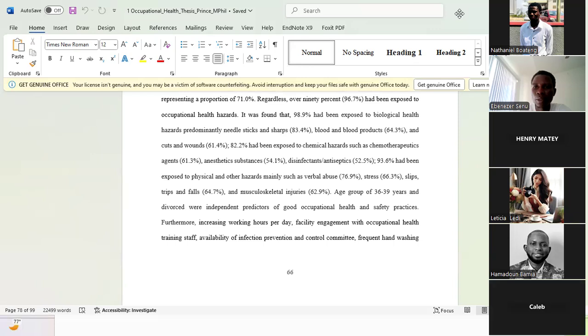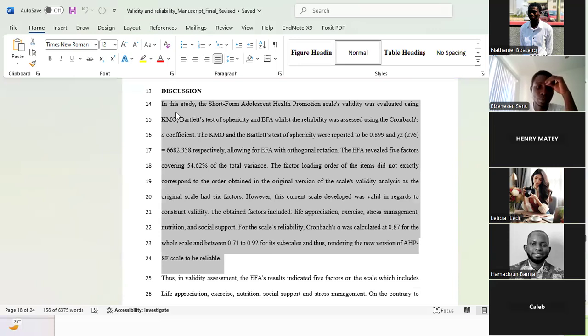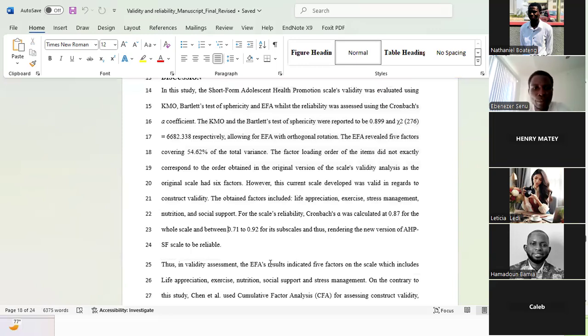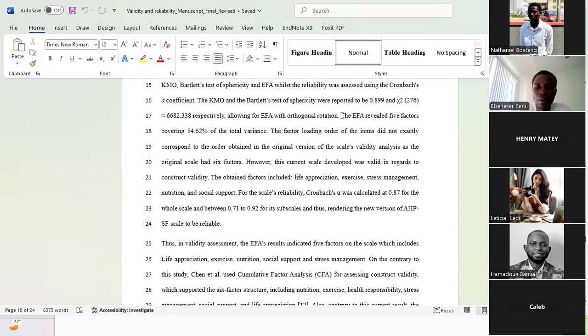If you come to the discussion, it is continuous. All the key results we found are there, and then we move to each paragraph, taking each result one after the other, depending on the objective.